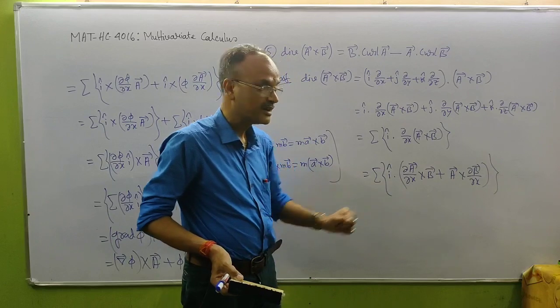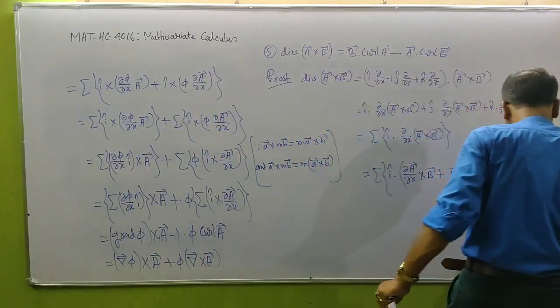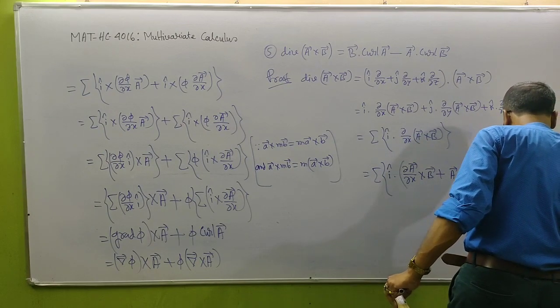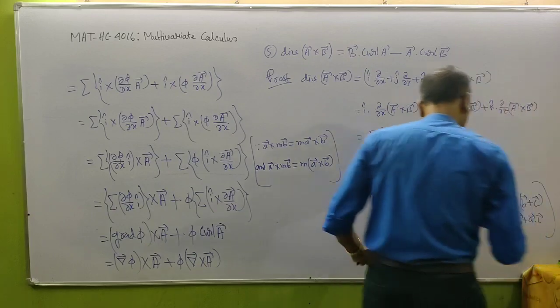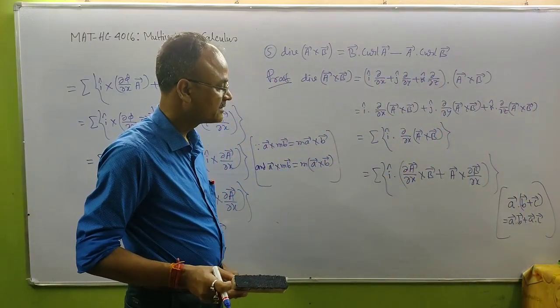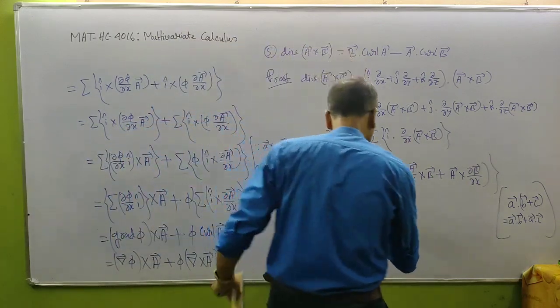Now what I am going to apply here: A vector dot B plus C is equal to A dot B plus A dot C. Dot product is distributive, in short.